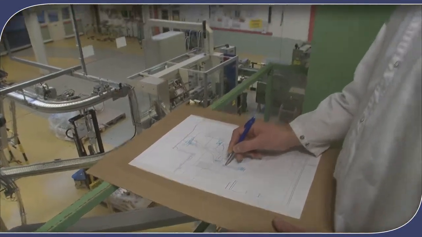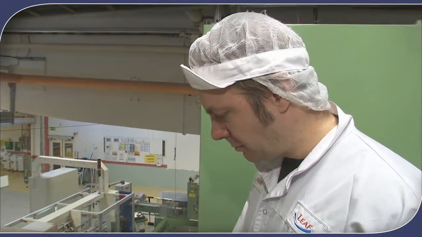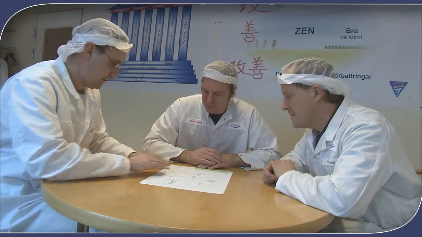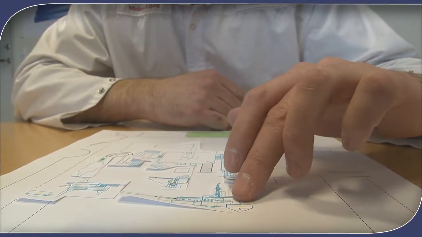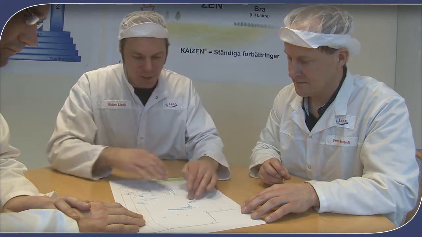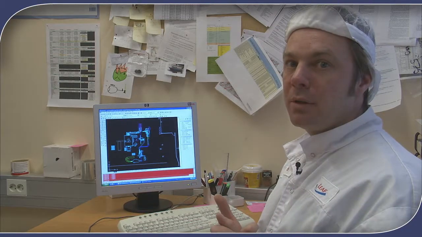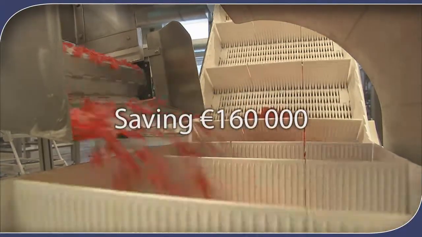So main objective for this exercise was simply to shrink the area as much as possible. We managed to reduce the area used almost by half, and this together with standardized work for the operators has made it possible to reduce manning and also, of course, raise productivity on the line.